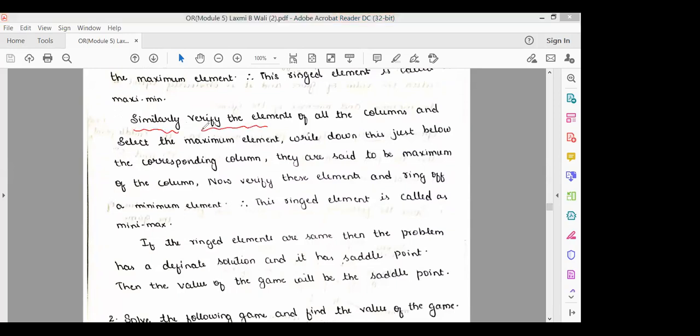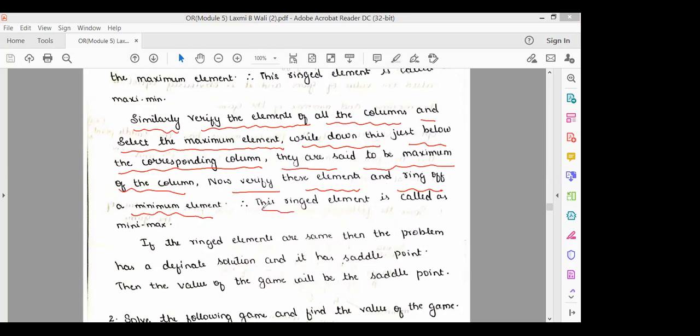Similarly, verify the elements of all the columns and select the maximum element. Write this just below the corresponding column. They are said to be the maximum of the column. Now verify these elements and ring off the minimum element. This ringed element is called the minimax.